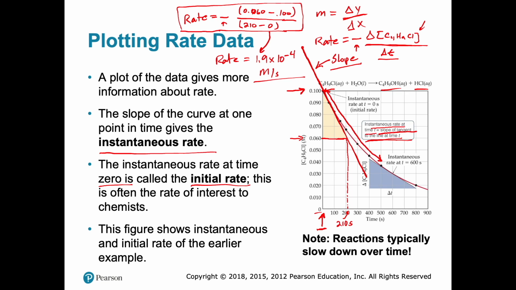That being said, the graph does show that the rate is slowing down, going in a downward direction as the reaction progresses. The other interesting thing to notice is that when we did this calculation and got this particular answer, and I don't know why I didn't draw a square around the unit too because it goes with it, we can go back to the data from the previous slide and see if we match up.